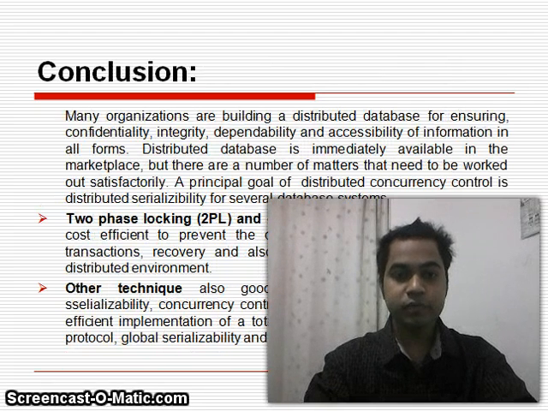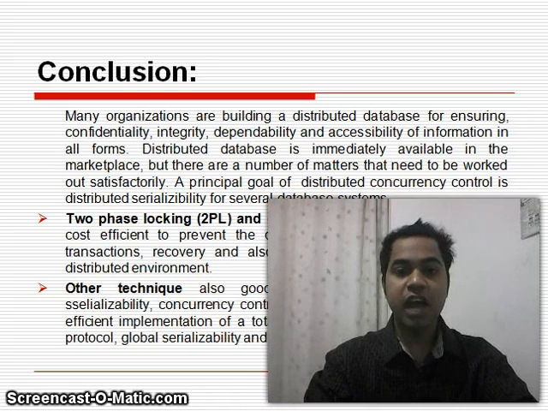Conclusion. Many organizations are building distributed databases for ensuring confidentiality, integrity, dependability, and accessibility of information in all forms. Distributed databases are immediately available in the marketplace, but there are a number of matters that need to be worked out satisfactorily.